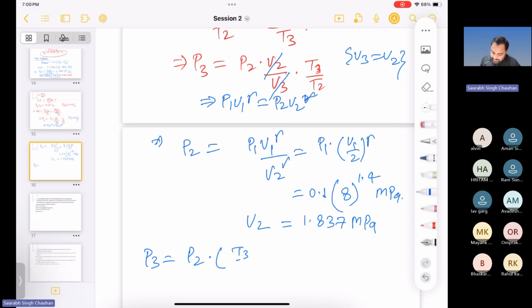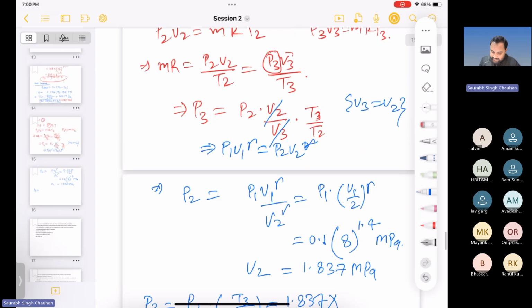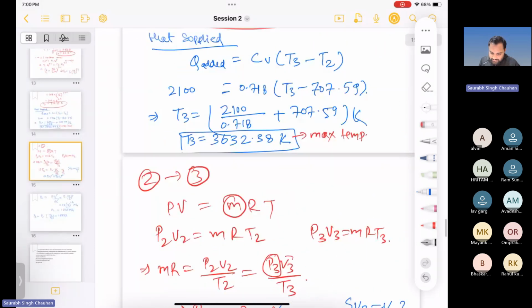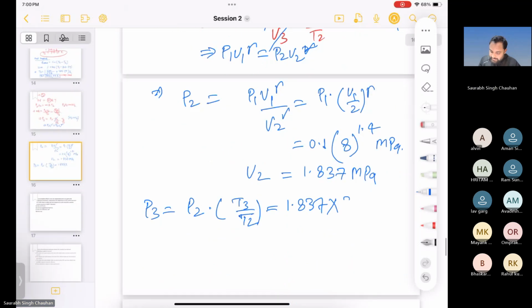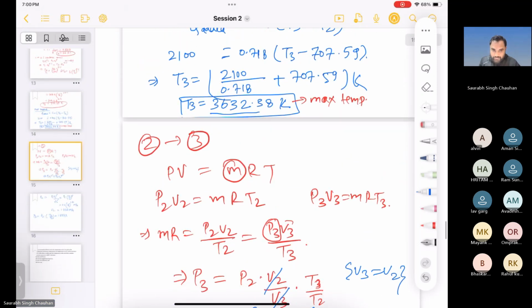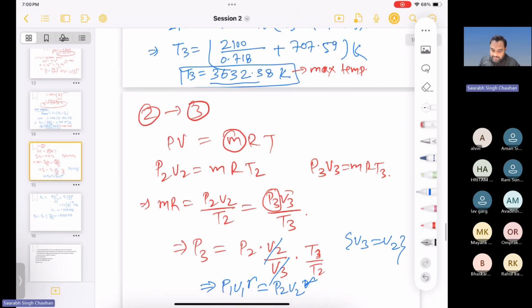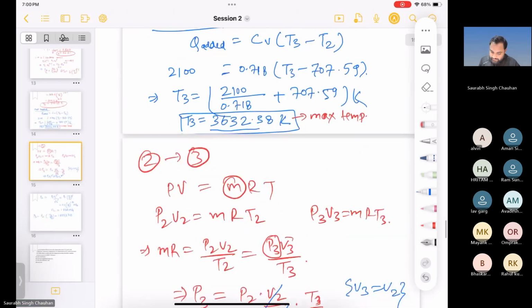So P3, let us quickly substitute this value here. P2 into T3 divided by T2. So 1.837 megapascal, and T3 we have calculated, I think. Yes, this is 3632.38. Can you please check this temperature value?